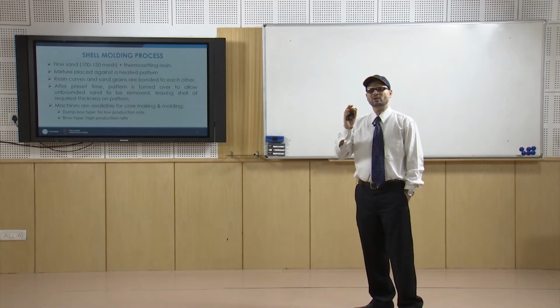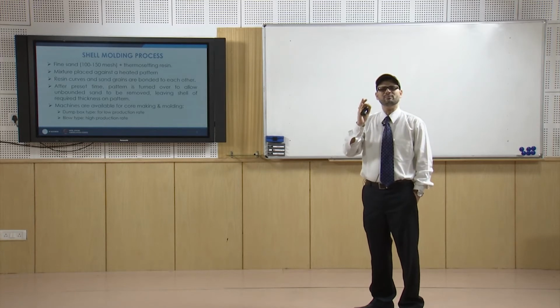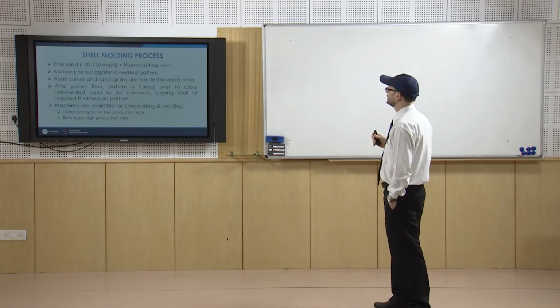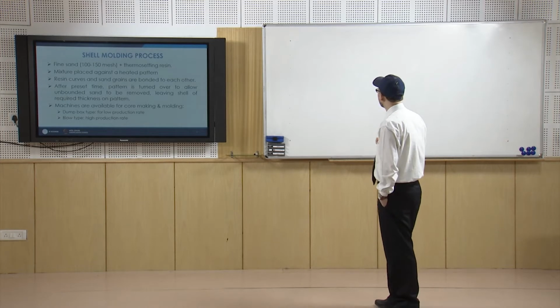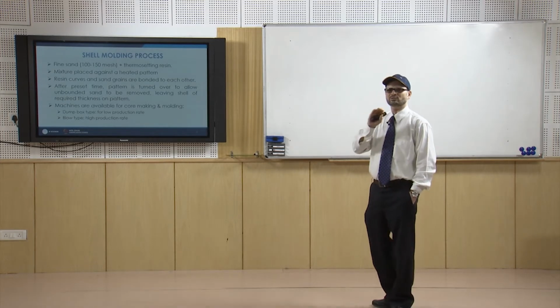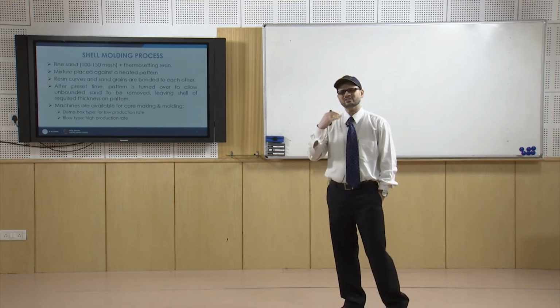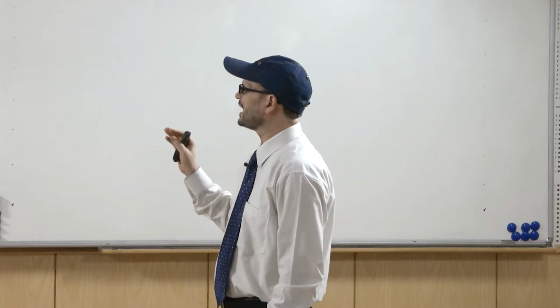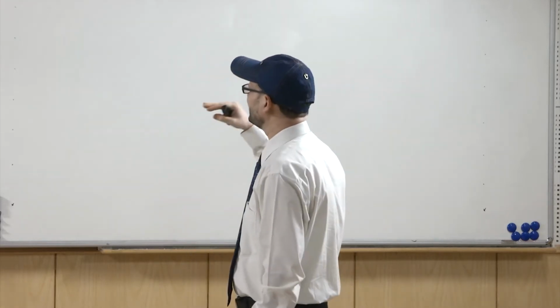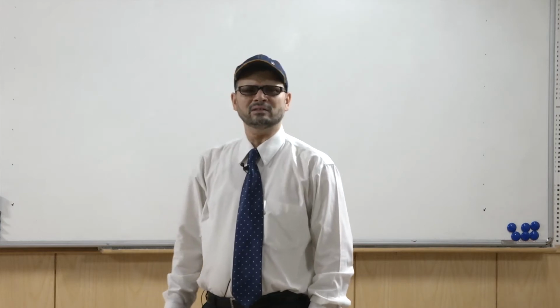It is based on the concept of cell building. Here you have a pattern plate, on which the pattern is fixed, and this pattern is heated, and the sand resin mixture is put on that pattern.